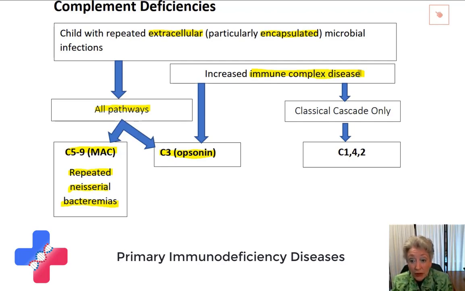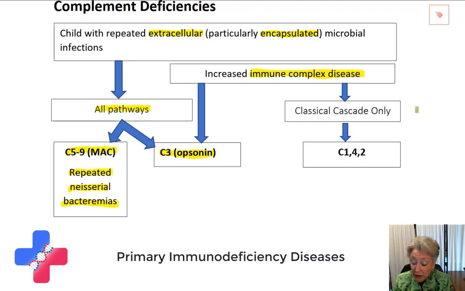So I will see deposition of those complexes in the small to medium-sized blood vessels. And what will happen then is that I will develop fibrinoid necrosis in those blood vessels that can be quite damaging.